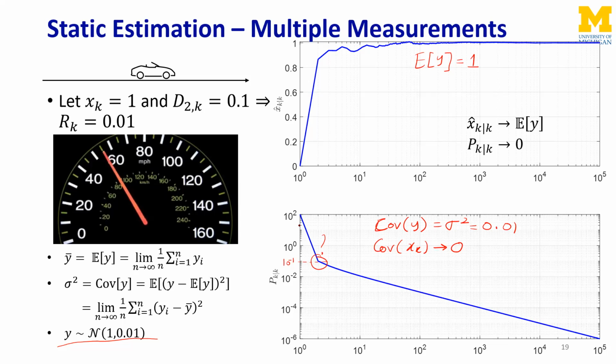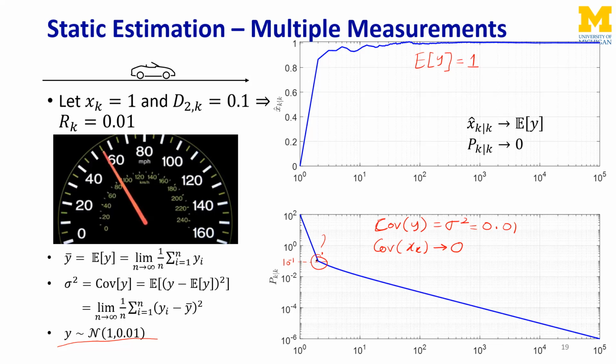Each measurement that you get drops your covariance a lot. But once the covariance of the state drops below 10 to the minus 1, then your model is performing better because your measurements are coming with a covariance of 0.01.